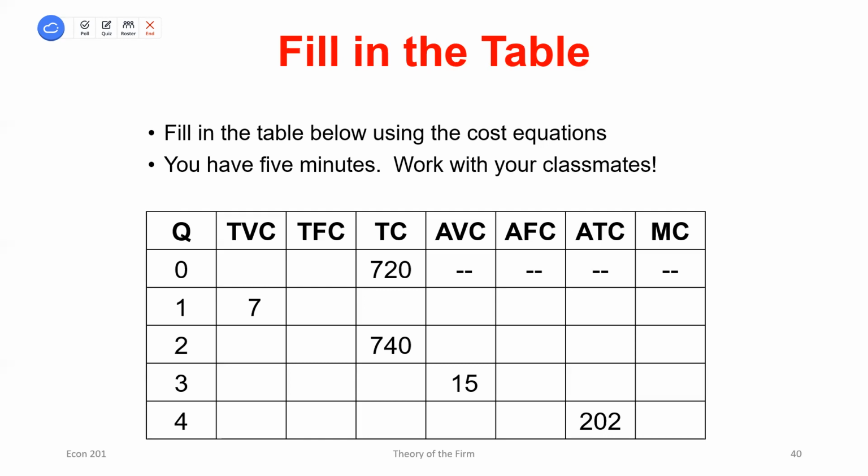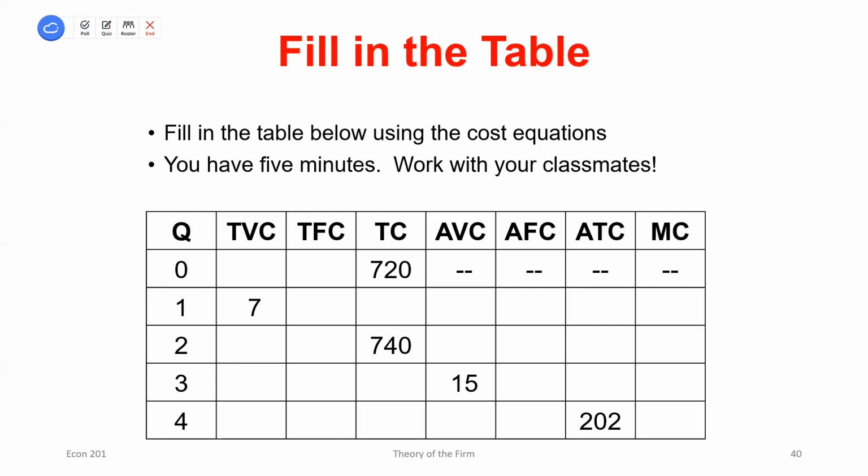No matter what other information I have, if I know my total costs and my quantity, I can always find my average total. So here, I would take my total cost of 740, divided by my quantity of 2. So 740 over 2, what, 370? I'm doing math in my head correctly.